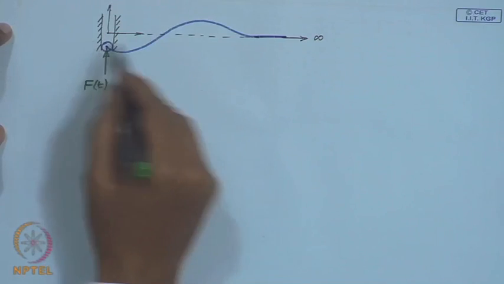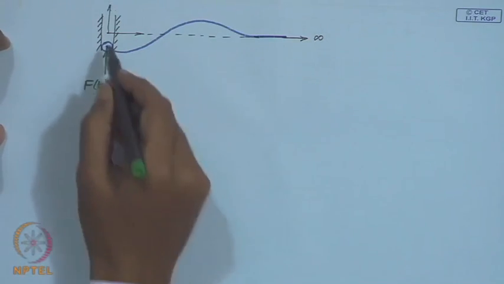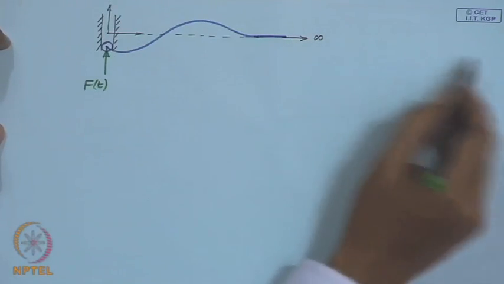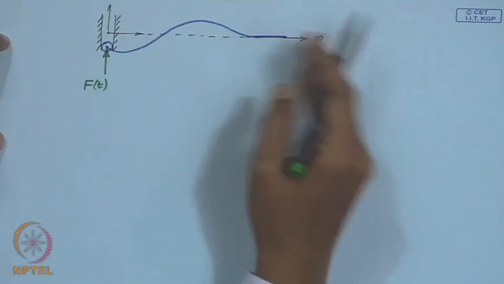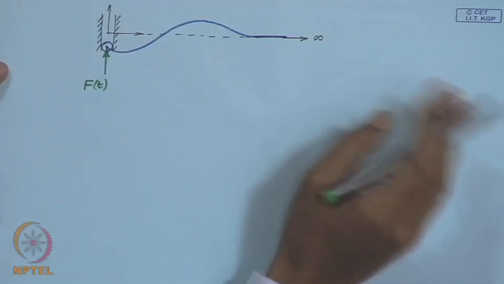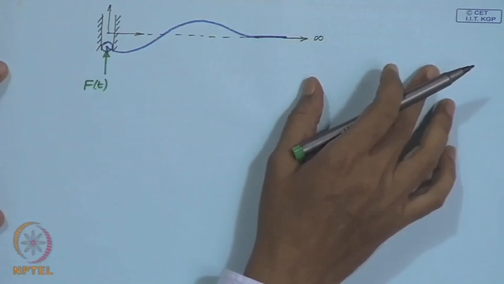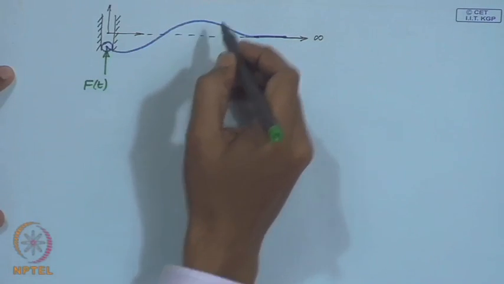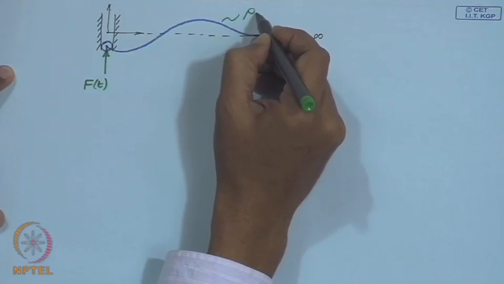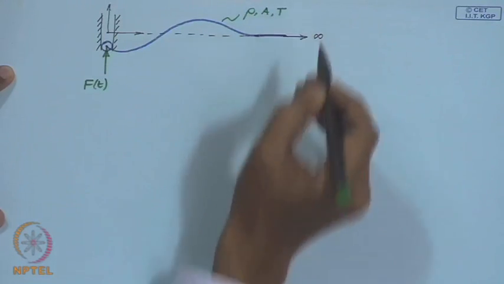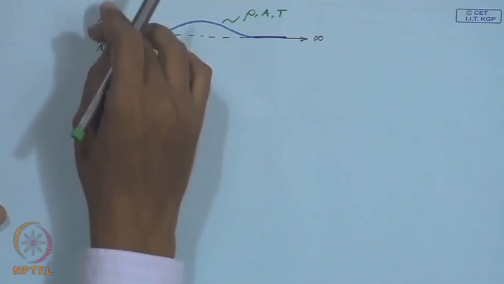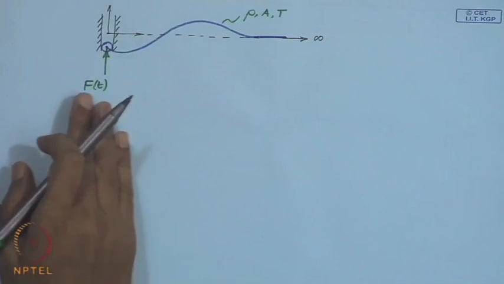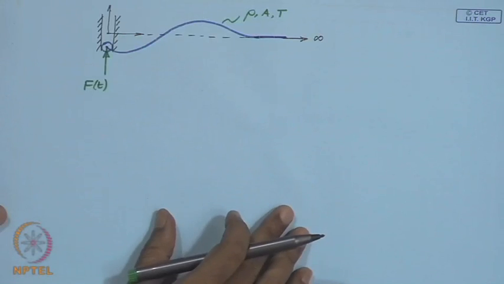So, suppose you have a semi infinite string. So, this other boundary is far off, which we idealize as infinity. So, the other boundary where it is fixed is at infinity, there is tension in the string, and this end which is a frictionless sliding end is being forced with a harmonic force, let us say.